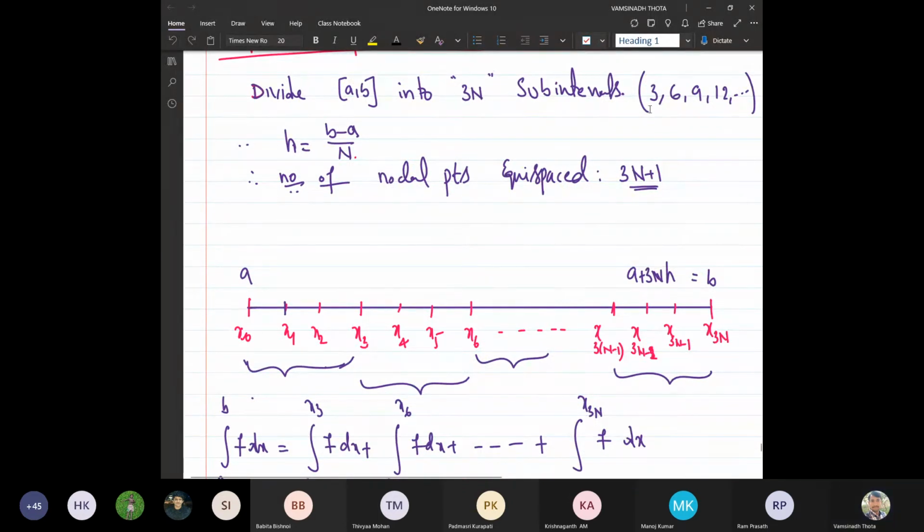If n is 1, that is the classical one, or 6, 9, 12, 15 and so on.